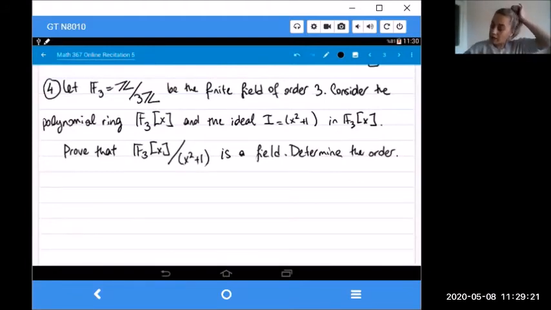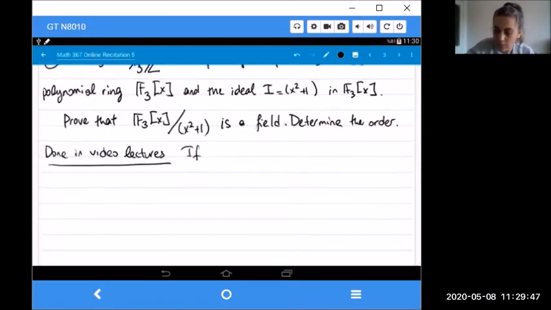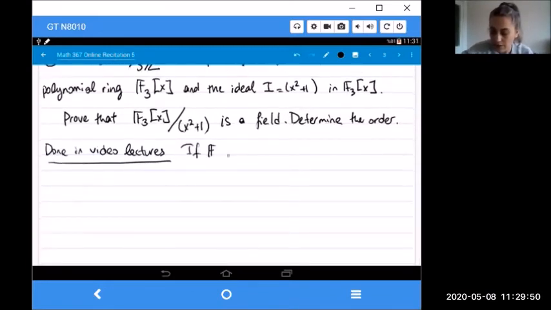Now in your video lectures, it is shown that if you have a field and you consider the polynomial ring over the field, then that polynomial ring is a PID. That is done in video lectures. If F is a field, then F of x is a PID.